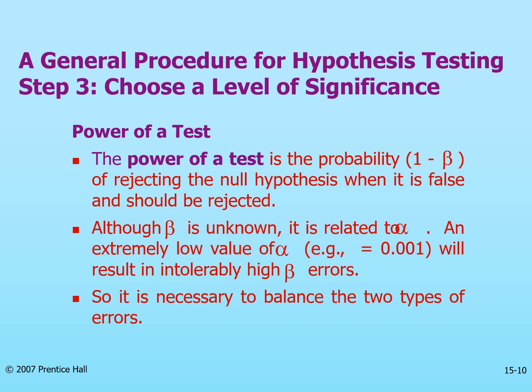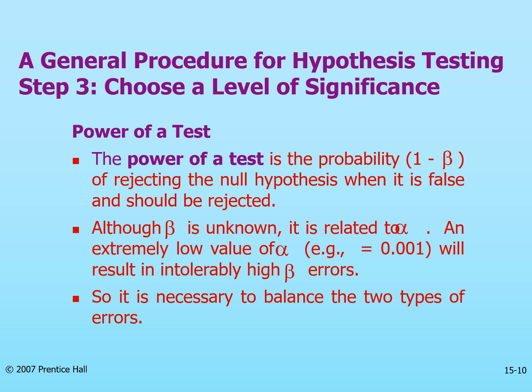Now we have to decide the power of the test. It is the probability of rejecting the null hypothesis when it is false and should be rejected. That is 1 minus beta. Although beta is unknown, it is related to alpha.